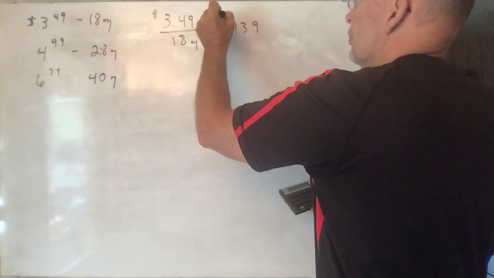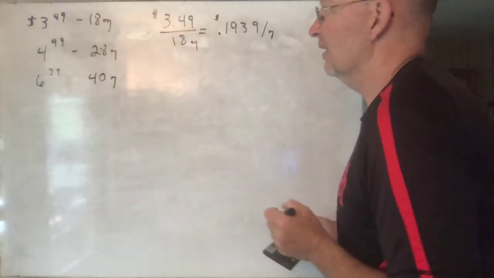That's going to be dollars per ounce, so about 19 cents an ounce.